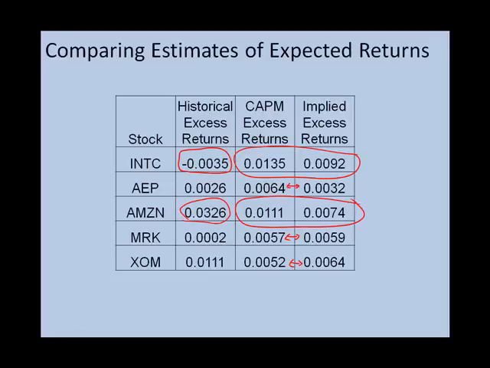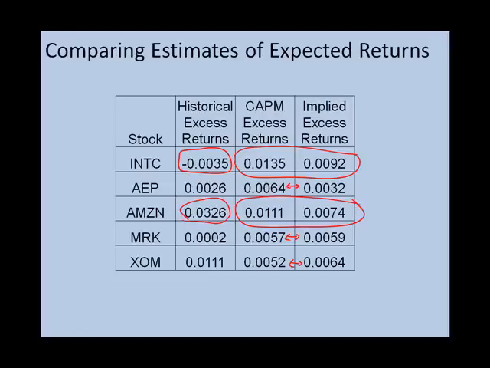So overall, it looks like the CAPM excess returns and the implied equilibrium excess returns yield fairly similar results in this example, while the historical excess returns yield very different results that are not consistent with the CAPM or the implied equilibrium returns.